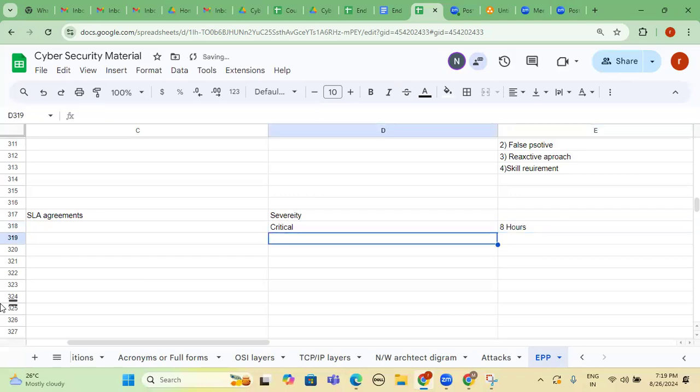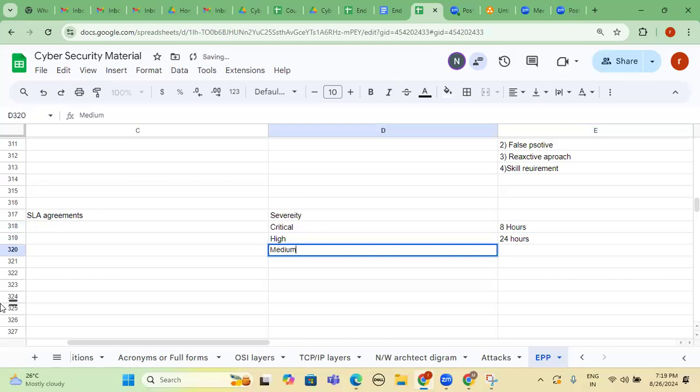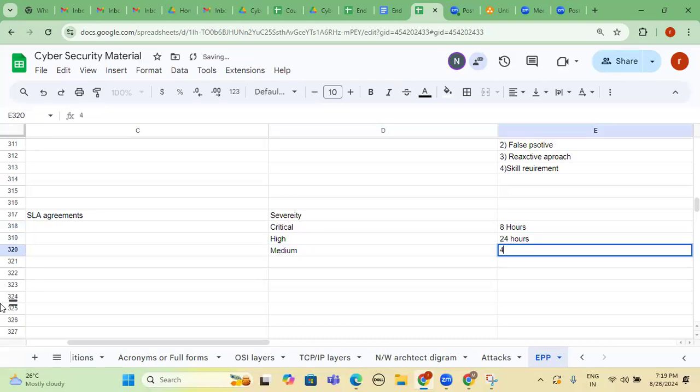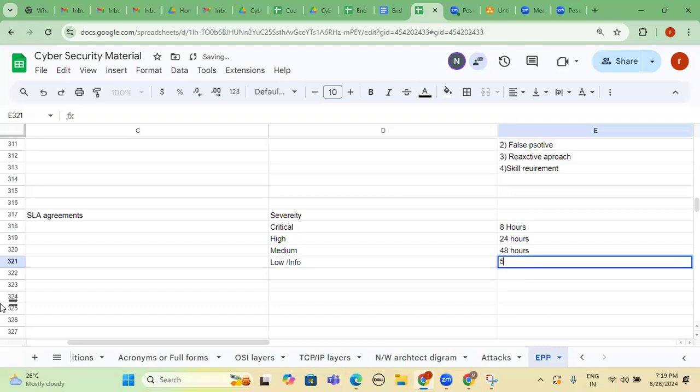Okay. So high, we have to fix in 24 hours. Medium, we have to fix in 48 hours. And also low and informational, I'll keep 5 working days because it's not that dangerous.